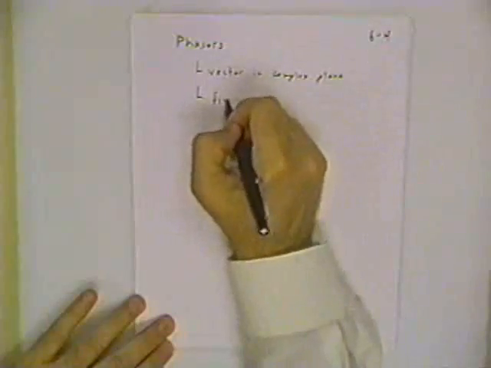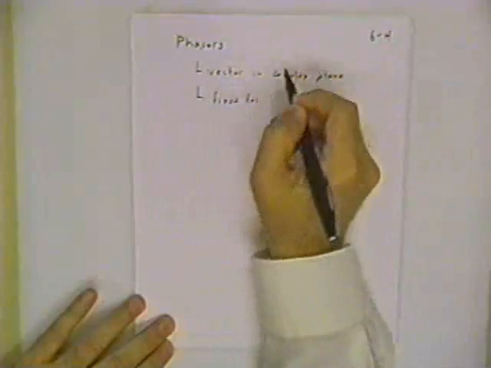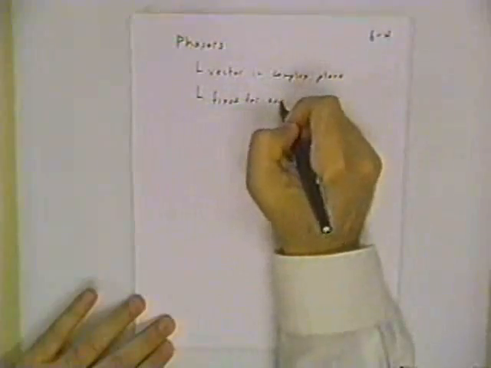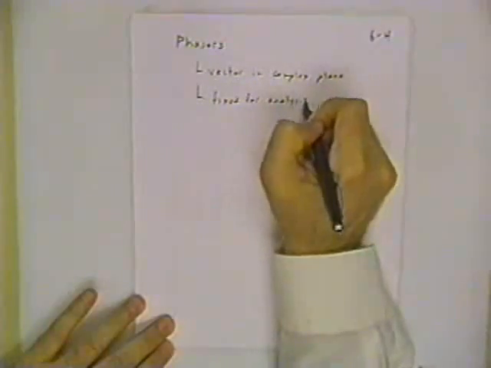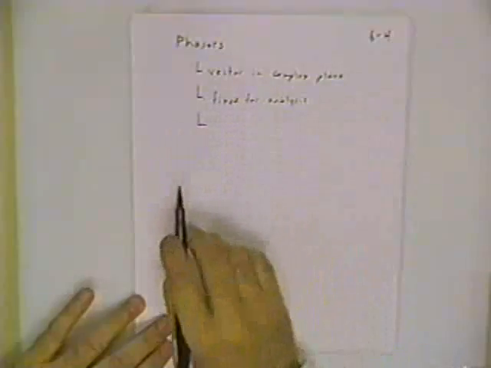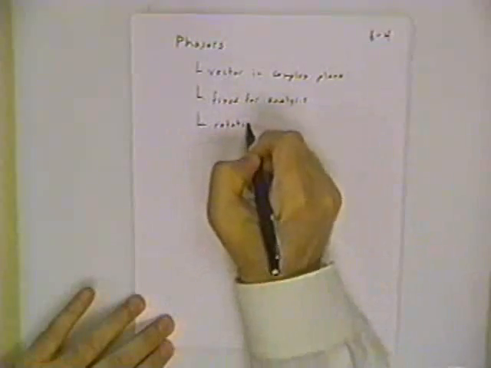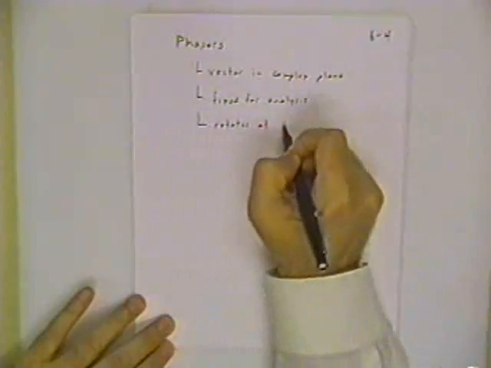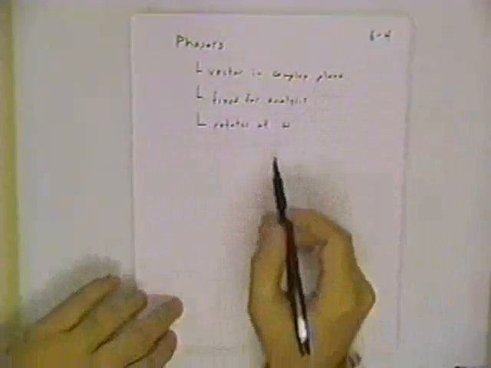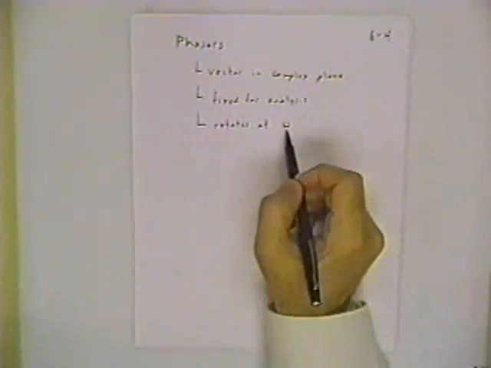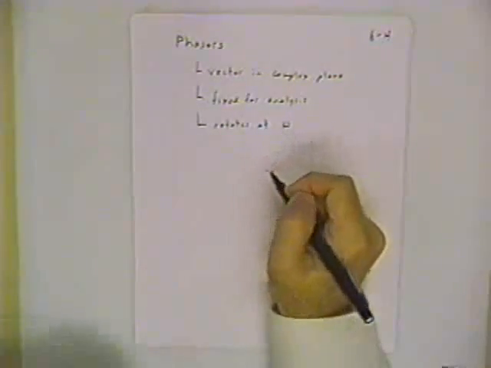It's considered fixed for circuit analysis purposes. But if you ever want to relate it to the real world, it rotates at omega radians per second to duplicate the effect of a sinusoid at omega radians per second.